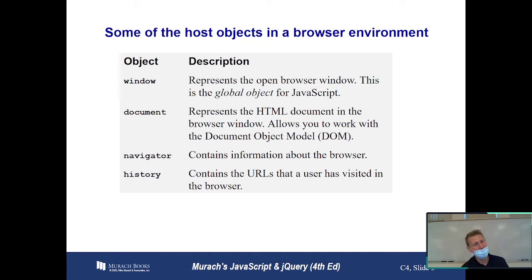Then there's a navigator object, which contains information about the browser. Why is that useful? Have you ever been to a website that says, for best support, please stop using Internet Explorer version 6, right?